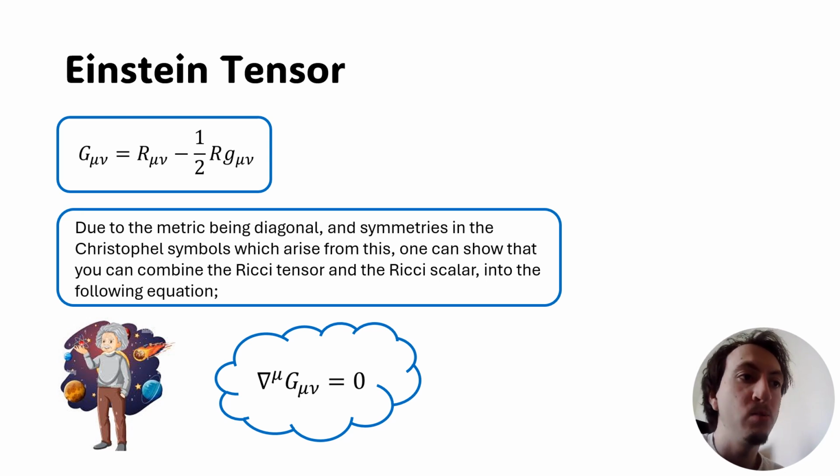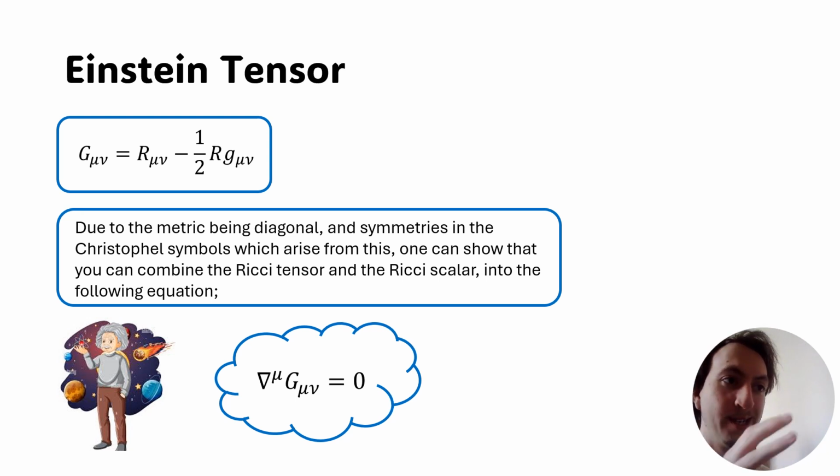From that, you can deduce that the Einstein tensor having 0 covariant derivative must imply that the covariant derivative of the Ricci tensor is also 0.